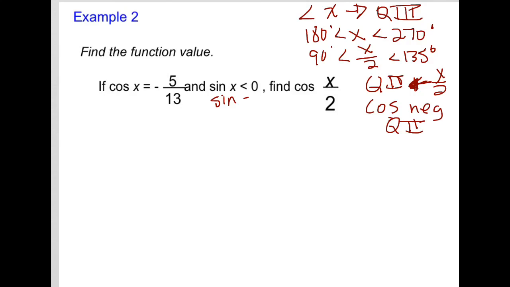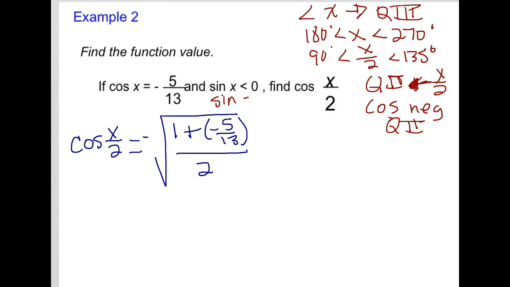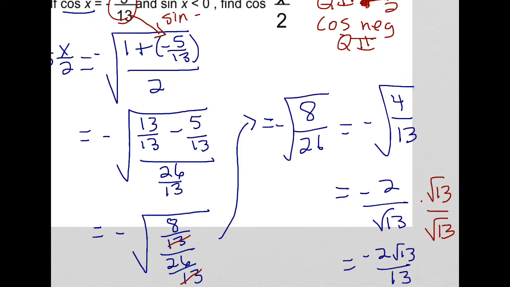And here's my work. To start with, I wrote the negative version of cosine. Because I'm given cosine of x already, I just take this negative 5 over 13 and substitute it in where I see a cosine of x. Now I'm going to do some algebra to simplify that. Okay, I'll walk you through my steps.